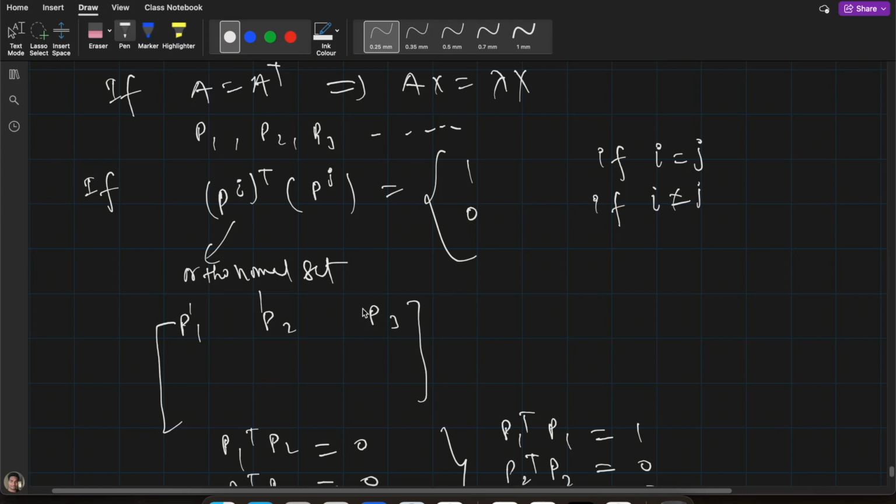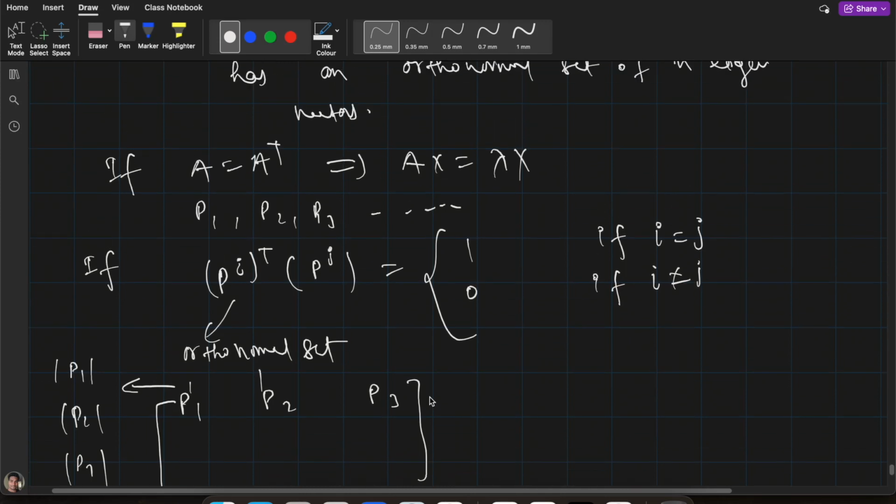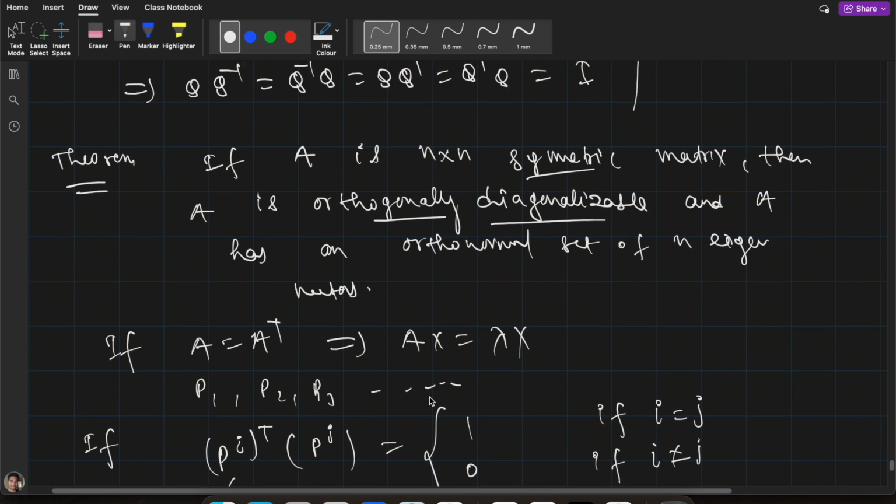If these are all mutually perpendicular, and if you take the dot product of this, or you can also say that the magnitude of p1 and magnitude of p2 and magnitude of p3, it is nothing but the magnitude, right? So if you take the magnitude and if it is 1, so that set will be called what? Orthonormal set. And you will always get an orthonormal set of eigenvectors when A is a symmetric matrix.